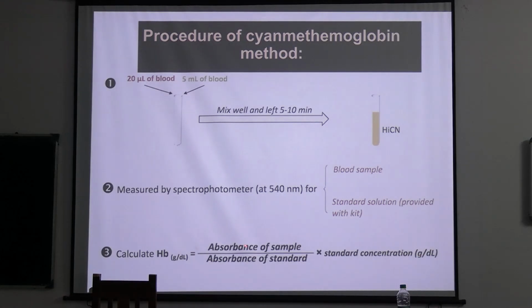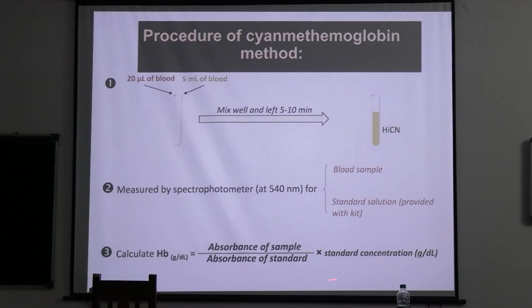There will be a reading, absorbance of the sample, suppose it is 21, and absorbance of the standard is 24, then 21 by 24 into the standard concentration. You get the standard in the package, into the standard concentration in gram per dl, and the result comes in gram per dl. This is the calculation. You have to remember this calculation.